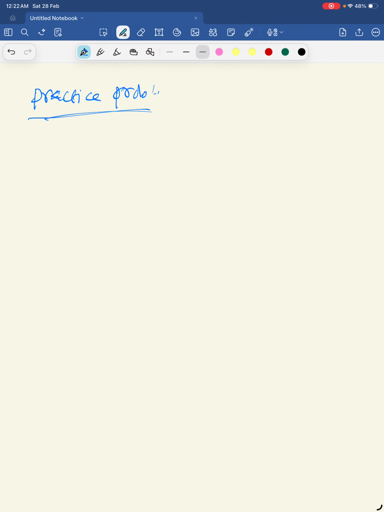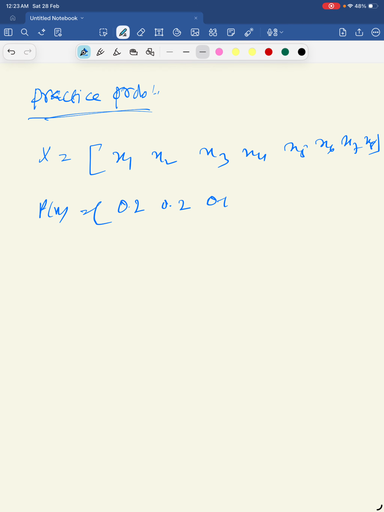X: x1 x2 x3 x4 x5 x6 x7, and probabilities are 0.2, 0.2, 0.15, 0.1, 0.1, 0.05 and 0.05.